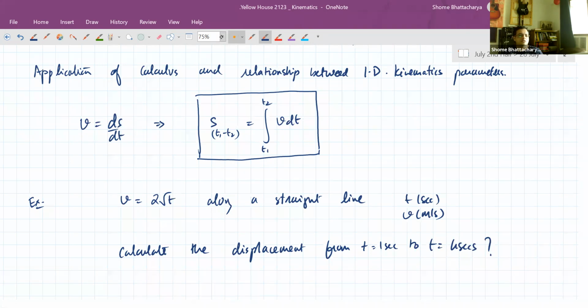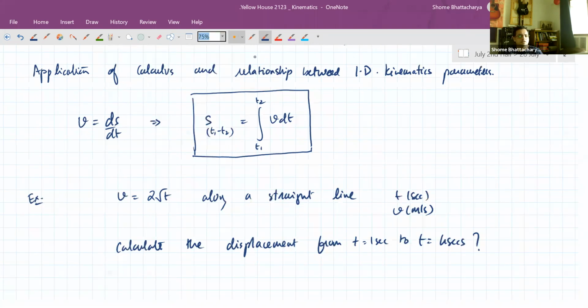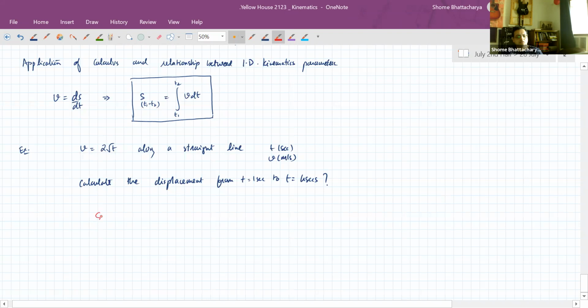So we'll just use this above definition. Since v is equal to ds by dt, here ds by dt is equal to 2 root t. So in a very small time dt, the small displacement ds is this much. So in the overall time, it becomes like this.